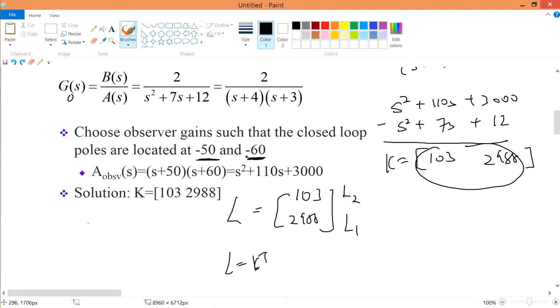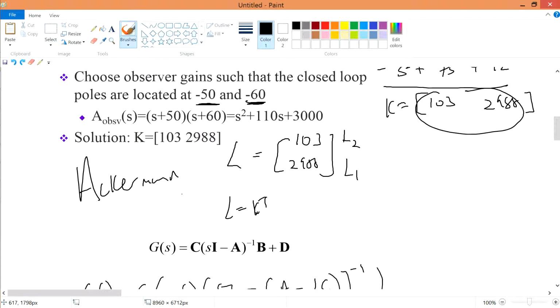However, they recommended Ackermann's method because, if you're going to go to higher order, the calculation for K can be really tedious for this case. I don't know. So Ackermann's method will be better. But anyway, in the next video, we'll use Ackermann's method again in order to prove that the value of L is equal to this thing over here.